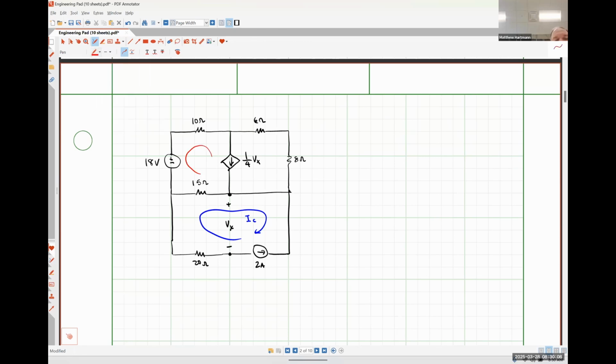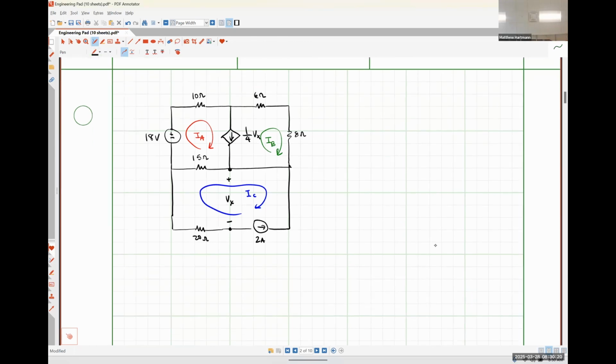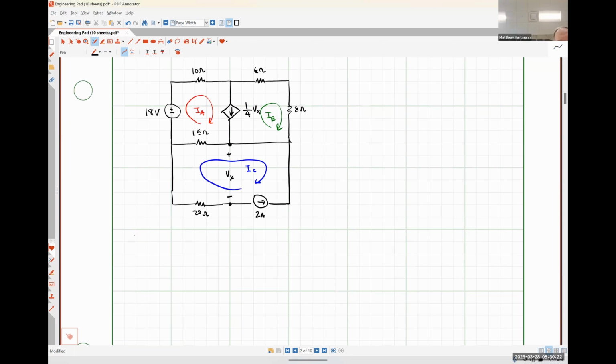So let's call this guy mesh current IA, and let's call this guy over here mesh current IB. Running through steps, we have steps 1 and 2 already completed. We have identified and labeled our mesh currents.